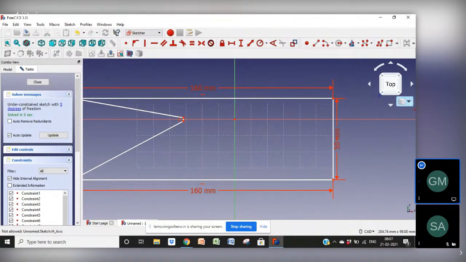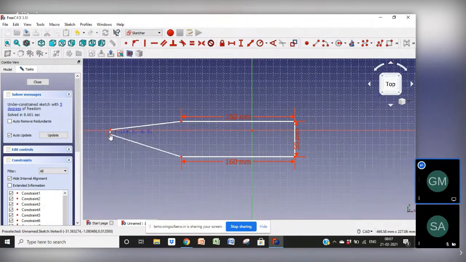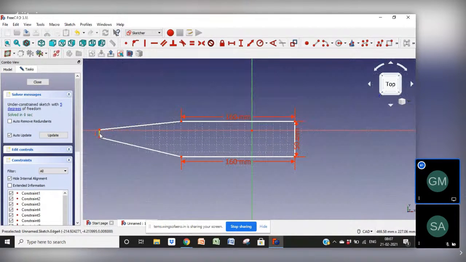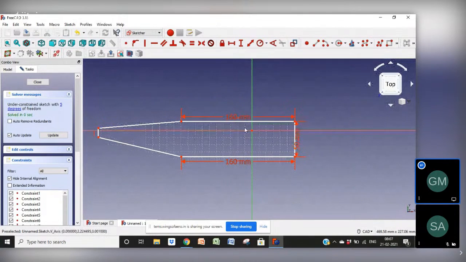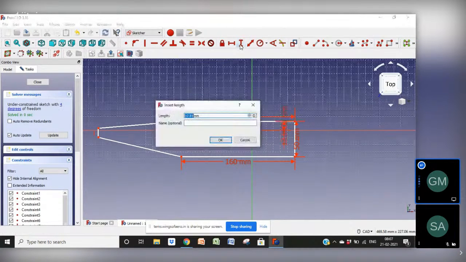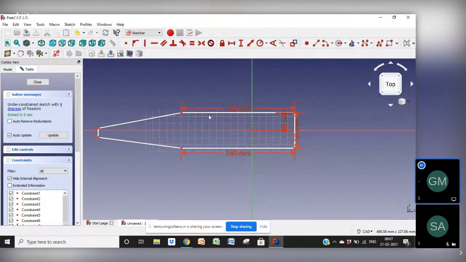Okay, again zoom to fit, escape, moving this point a bit away, taking this horizontal dimension from here. This is 50 and this should be 25 mm.